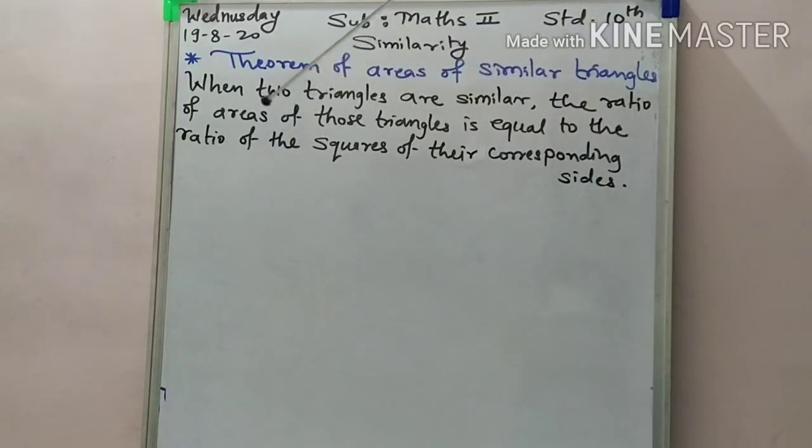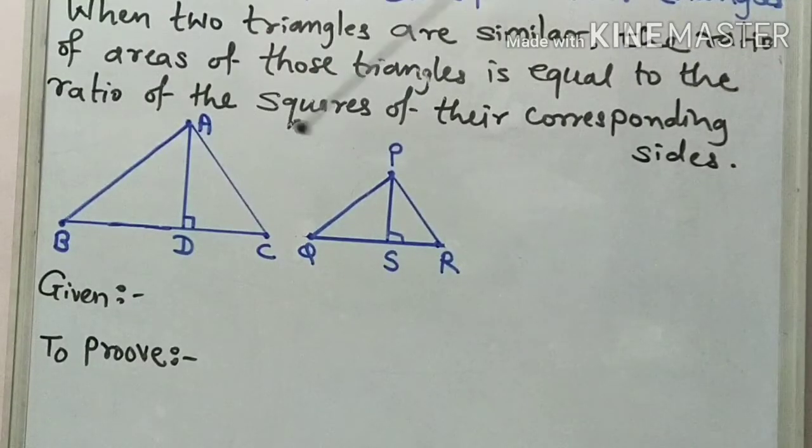According to the statement, when two triangles are similar, it means we have two similar triangles, so we have to draw the figure of two similar triangles. So here I draw two similar triangles, triangle ABC and triangle PQR.